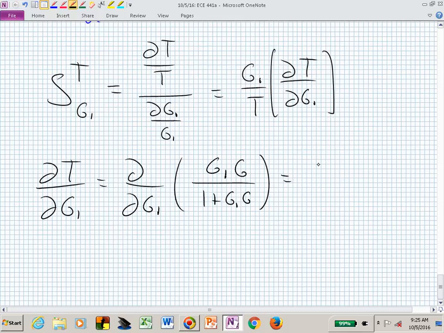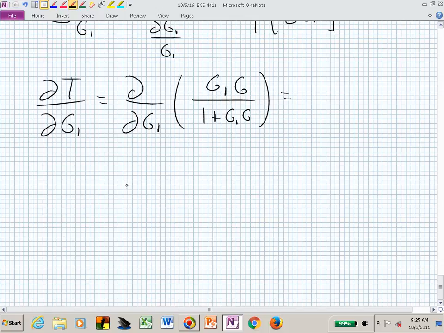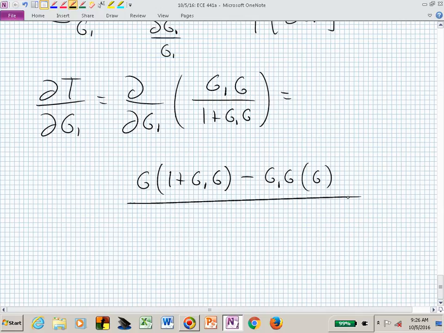So now we have the numerator G, times 1 plus G1 G, which is the denominator, minus the numerator times the derivative of the denominator with respect to G1, which is G, over the denominator squared.